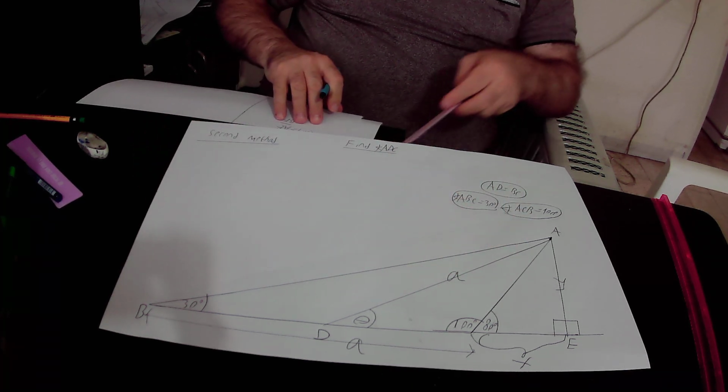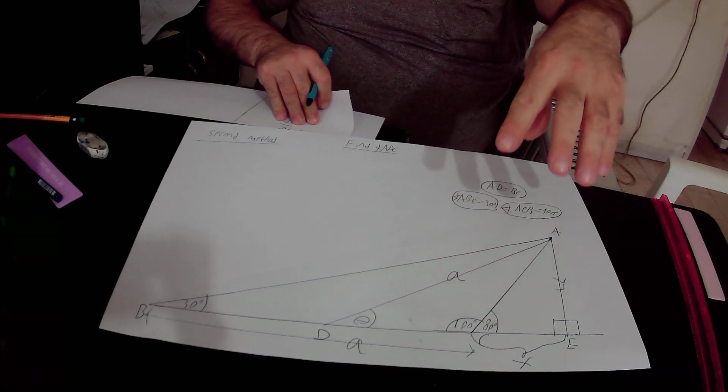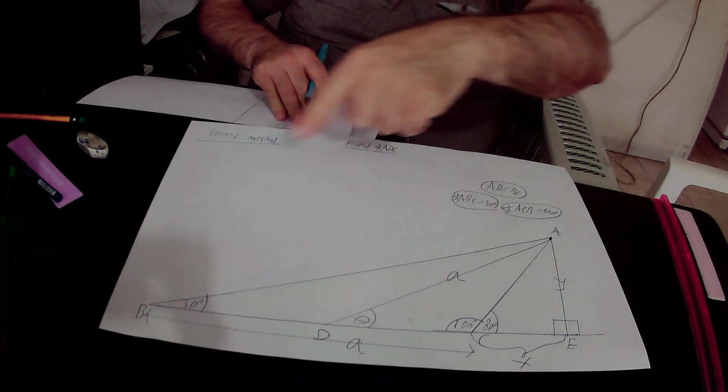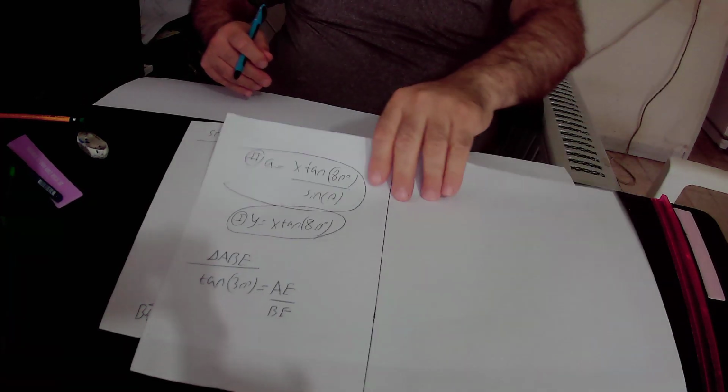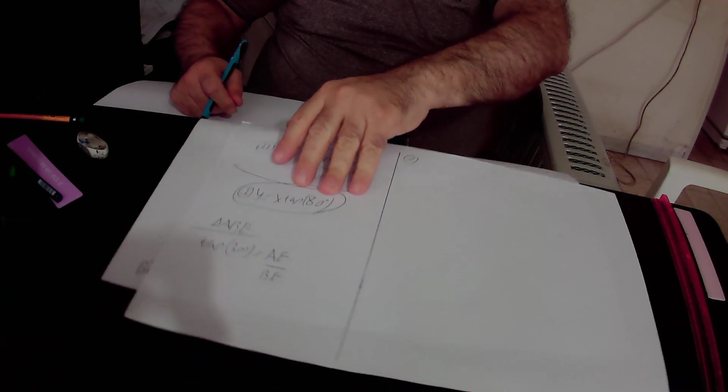I repeat again, in triangle ABE, tangent 30 degrees equals AE over BE.